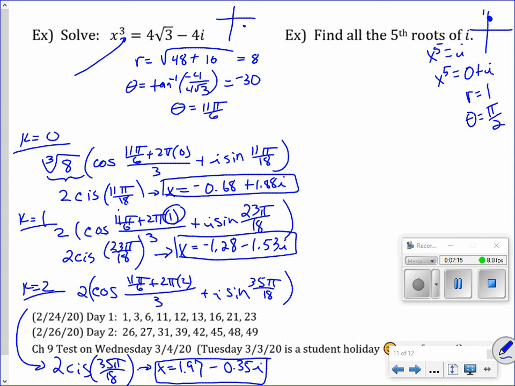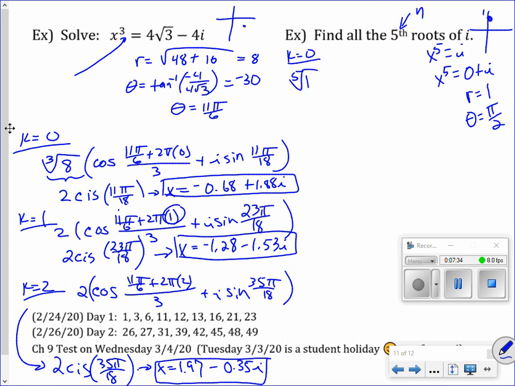Okay, so let's begin. I got k equals 0 to start with. Remember, the n-th root of r. I'm doing a fifth root because this is my n right here, and I'm doing the fifth root of 1 because 1 is my r. So the fifth root of 1 is going to be 1.